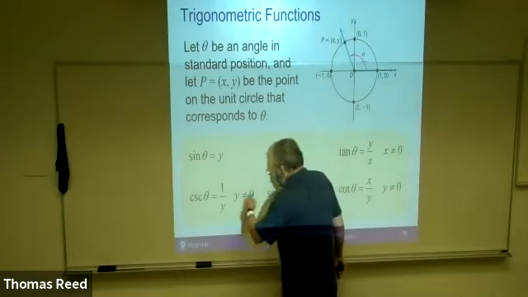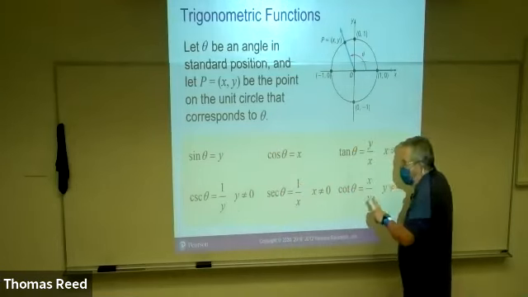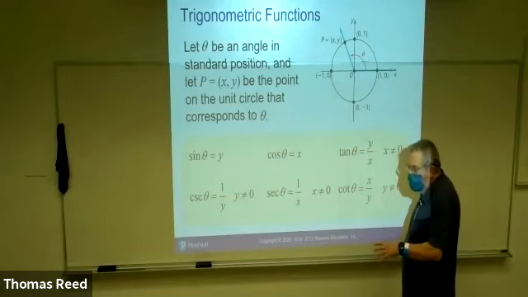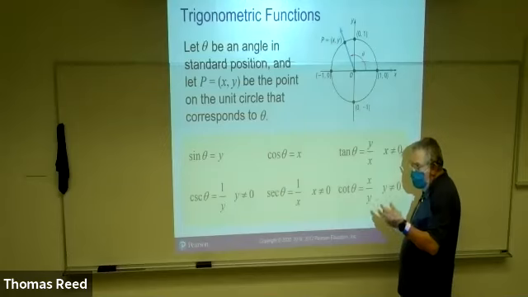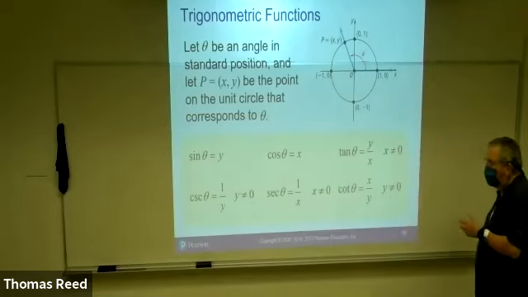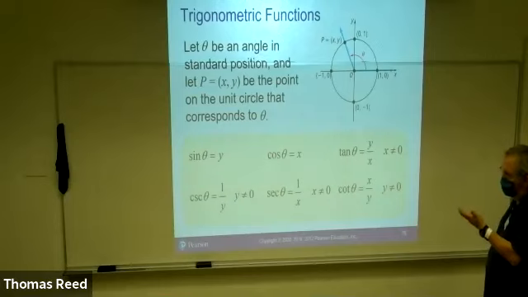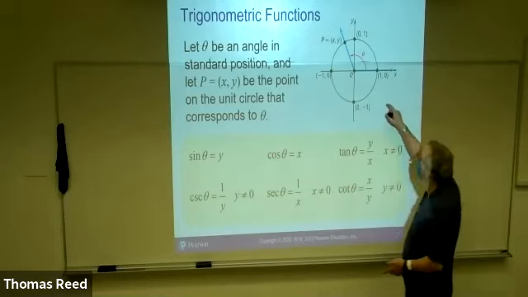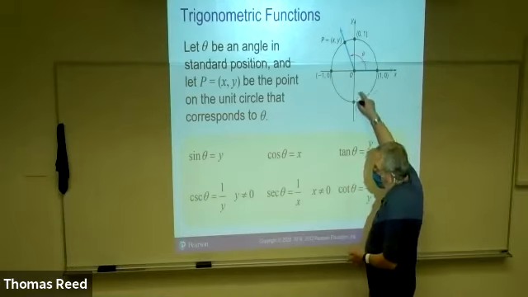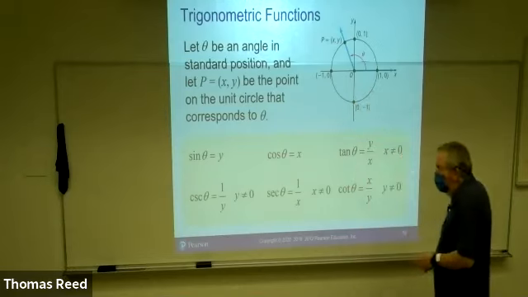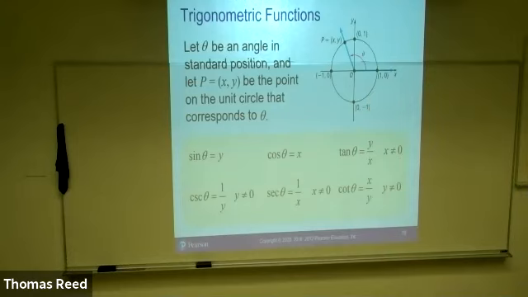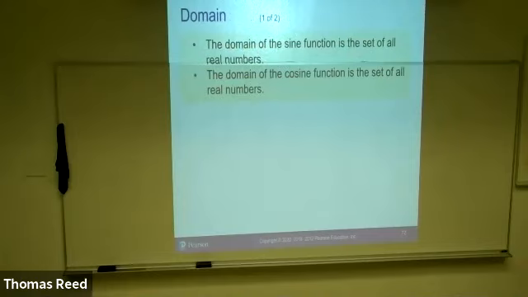Realizing for cosecant and secant, the angle can't be 0 or a multiple of 360 or a multiple of 2 pi, because that's when y is 0. Actually, a multiple of pi, I think. Yeah, it's a multiple of pi, positive or negative. An integer multiple of pi.